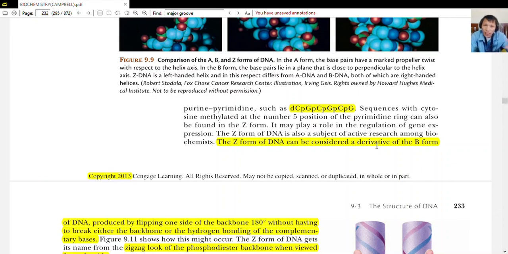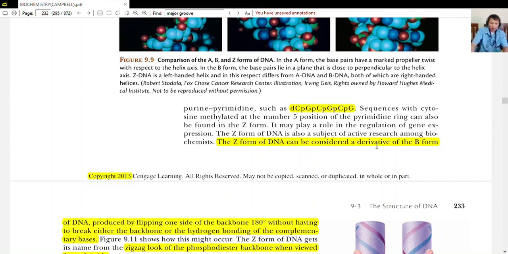Maybe it's supercoiled and then it twists back to a different rule, the left-hand rule. Maybe if you twist it into a ladder form, there's a tendency for it to twist to the other side. So that's what it says here.